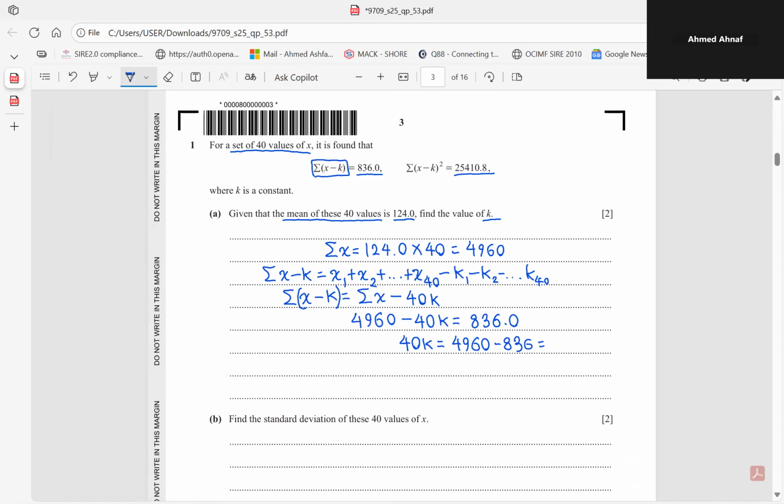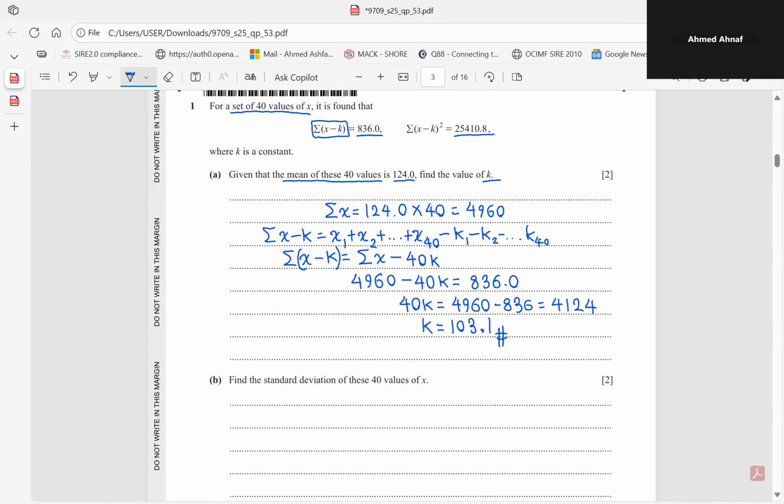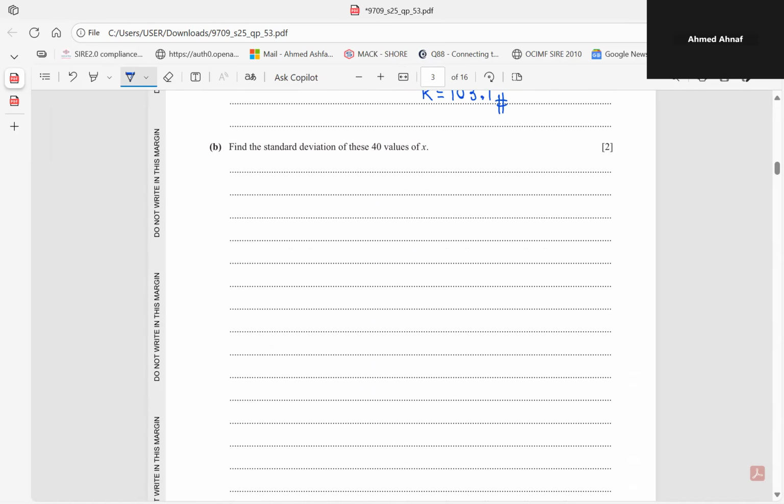Type into your calculator, you will get 4124. And then you'll get k equals 103.1. So this is our final answer for this part. Let's head on to the next part.